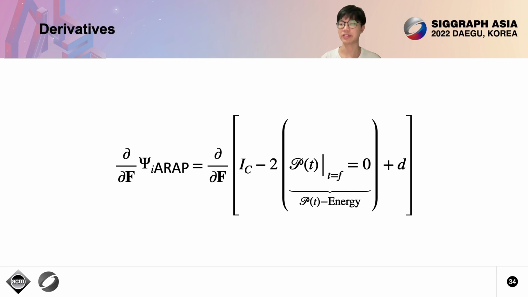Besides the ARAP energy itself, in many graphics applications, we are also interested in its gradient and Hessian. To do so, the first thing we should do is to calculate the partial derivative of the polynomial root with respect to the Cauchy-Green invariants.